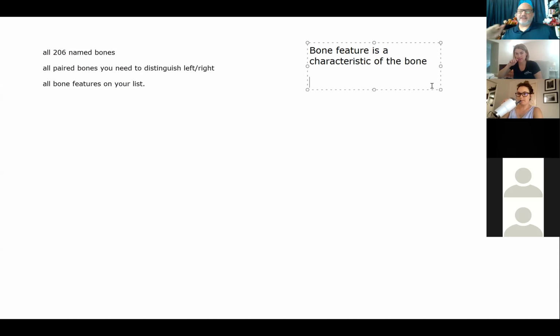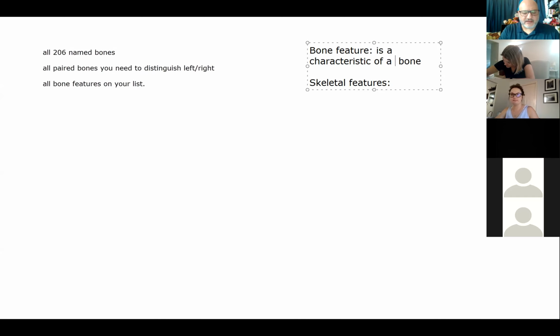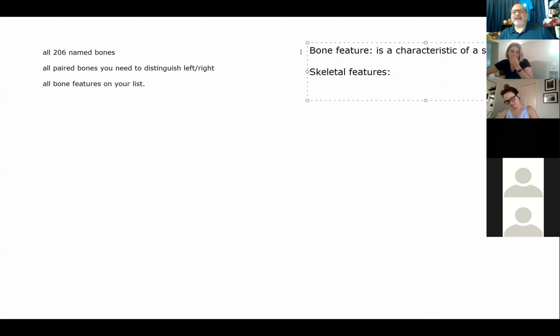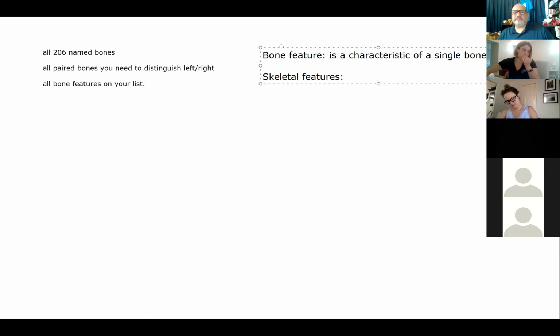I know that sounds like a simple, silly definition, but I make a point of emphasizing it because not only are you responsible for bone features, but you're also responsible for skeletal features. If a bone feature is a characteristic of, and let's say it this way, of a single bone, what do you think a skeletal feature is?